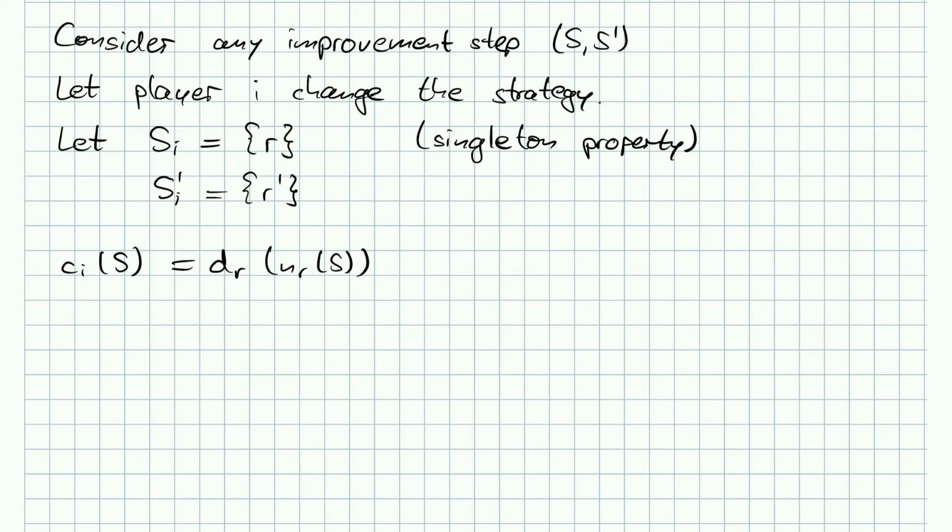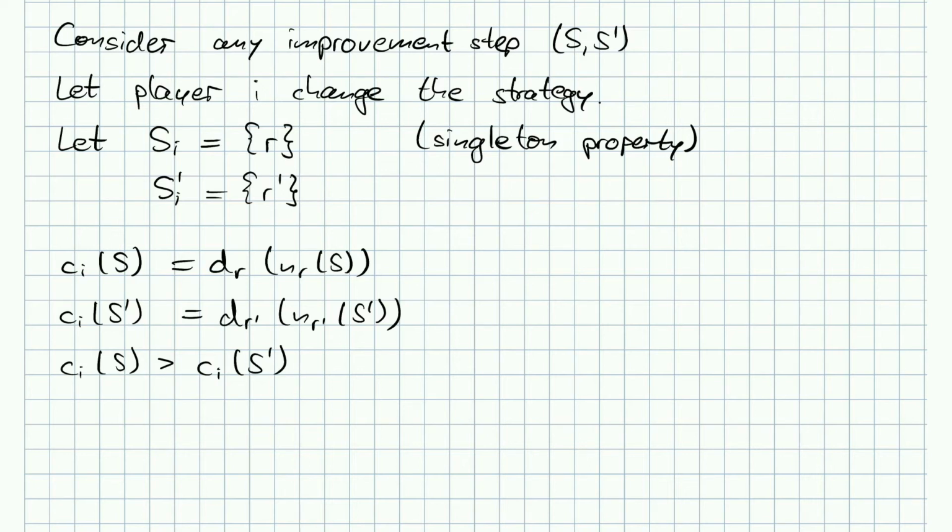Analogously, we have the cost afterwards. That's the delay of r prime when n_r prime players are using this. And what else do we know? We know that C_i of S is bigger than C_i of S prime because this was an improvement step for player i.